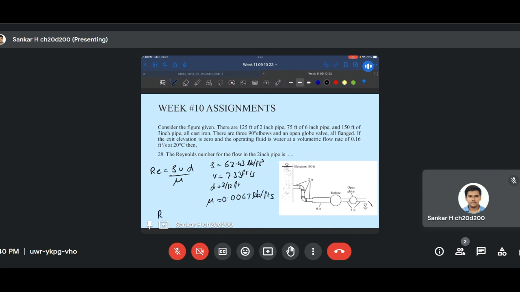So you can just calculate the Reynolds number based on this formula, which is 62.43 pounds per feet cube times 7.33 feet per second times 2 by 12 feet divided by 0.0067 pounds per feet second.